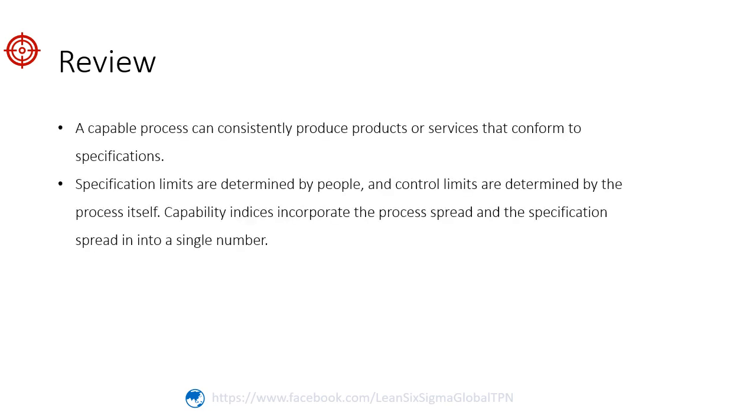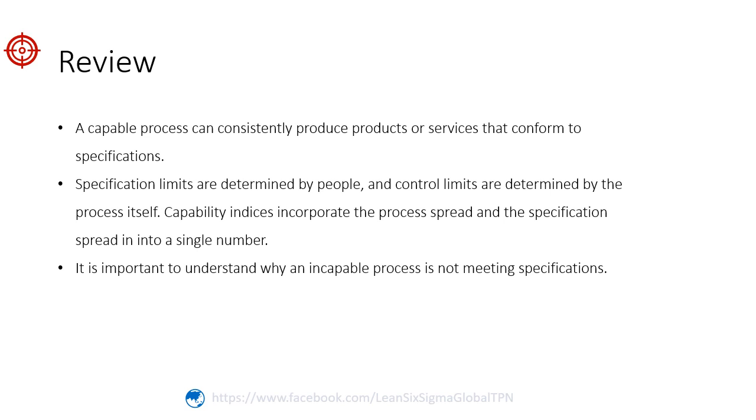Let's review. Capable processes consistently produce products or services that conform to the specification. Specification limits are determined by people, and control limits are determined by the process itself. Capability indices help us determine if a process is able to meet specifications.